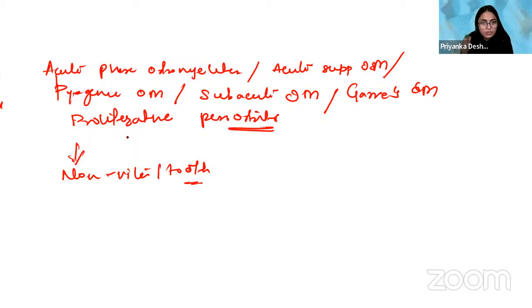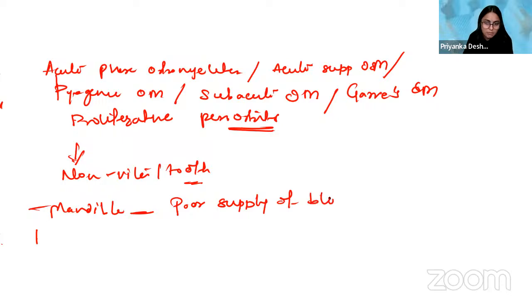Okay. And it is most common in younger people. Why? Because the periosteum is loosely attached in the younger people. And the most common site of it is the mandible. So the mandible is most commonly affected, and why? Because of poor supply of blood in the mandible, due to thick cortical plates.